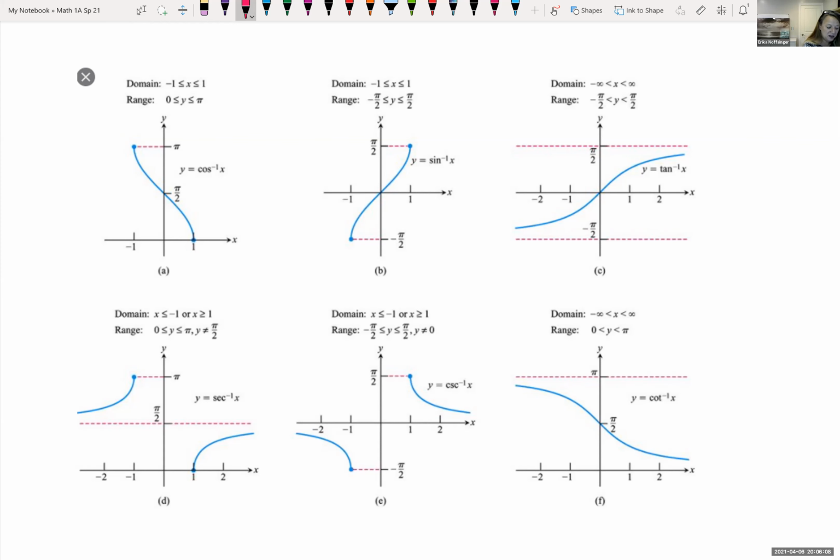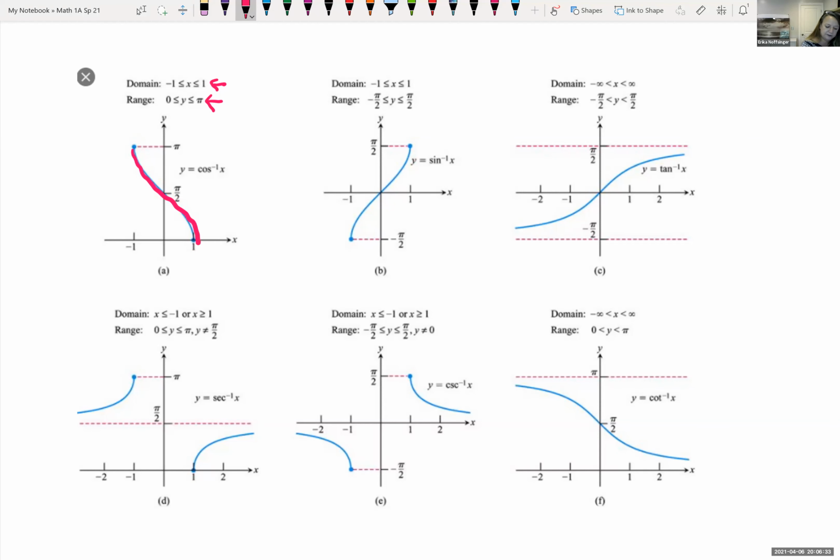Remember with cosine, the range had -1 as the smallest value and 1 as the biggest value. Now for our inverse function, our domain is what our range was for the original. We had limited the domain for the original function from 0 to pi. Then swapping the x and y values, you will get a graph that looks similar to this.